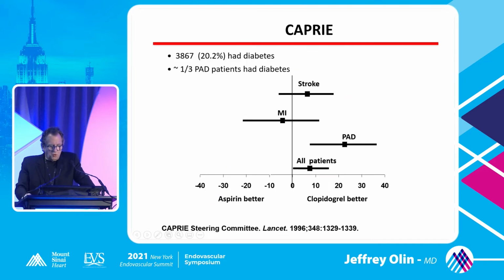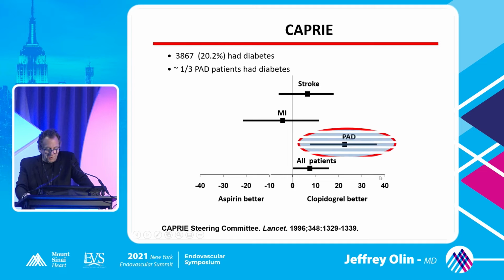So just quickly, historical background on 3 drugs. The CAPRIE trial compared clopidogrel versus aspirin. To get into the study, a third of patients got in with a pre-existing stroke, a third with an MI, and a third with PAD. Overall, the study reduced major adverse cardiovascular events with clopidogrel by 8.4%.